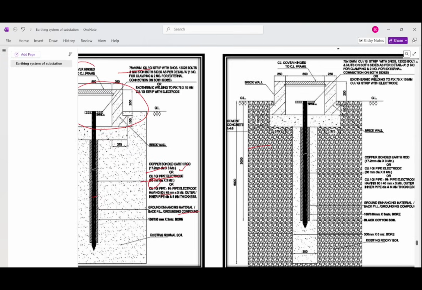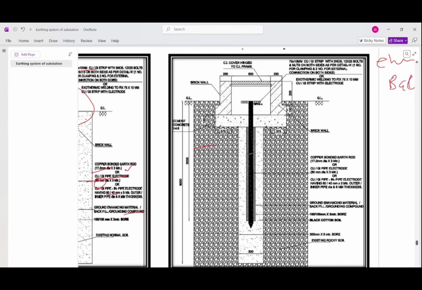In rocky soil, some different provisions are made. Say 6-meter depth is provided, and a 3-meter earth electrode is provided. So the difference is only this depth of burial, depth of the borehole.